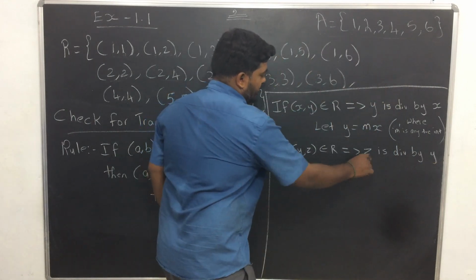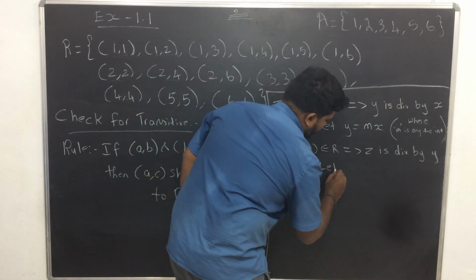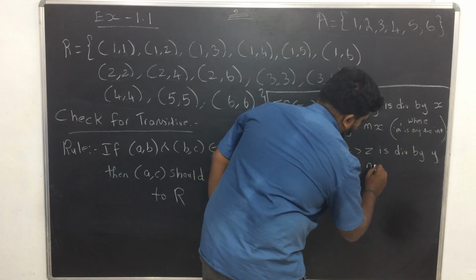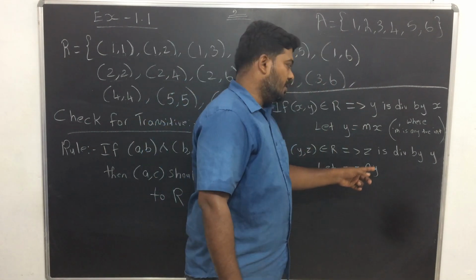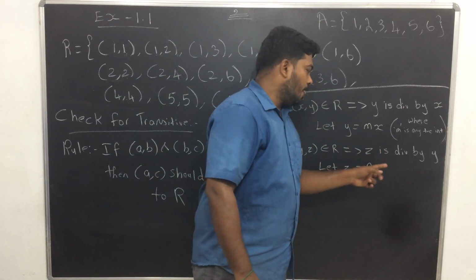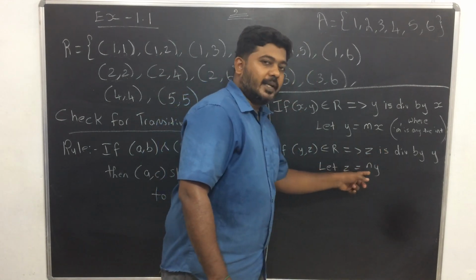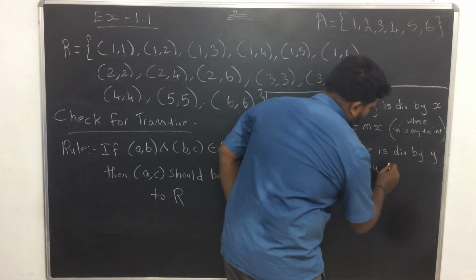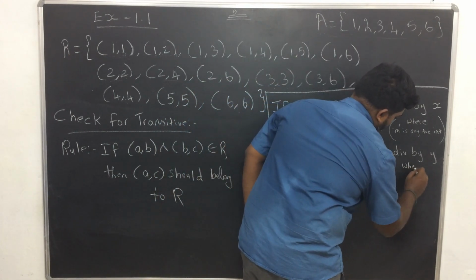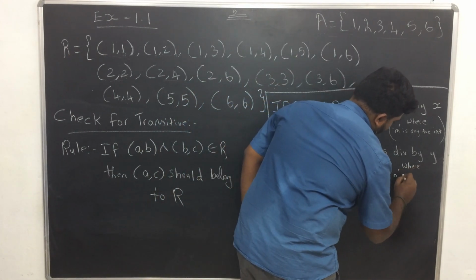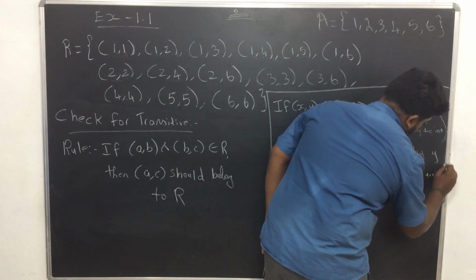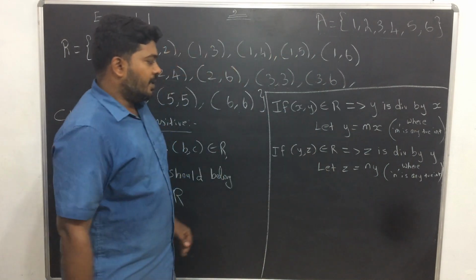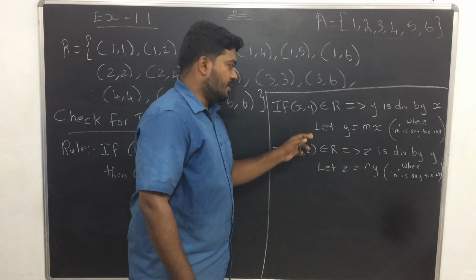Now, from this, you will write let z be equal to n times y, because z is divisible by y. What is n here? Where n is any positive integer. Again, any positive integer.